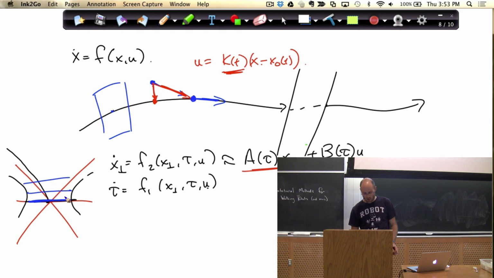I have no control authority in this direction. Remember, my control authority is only in this direction, so u doesn't affect my dynamics in this dimension. So you can imagine picking a transverse section that's not stabilizable. But for trajectories, and certainly for periodic stability, this notion of stabilizing the n-1 dimensional system with LQR is a powerful one.